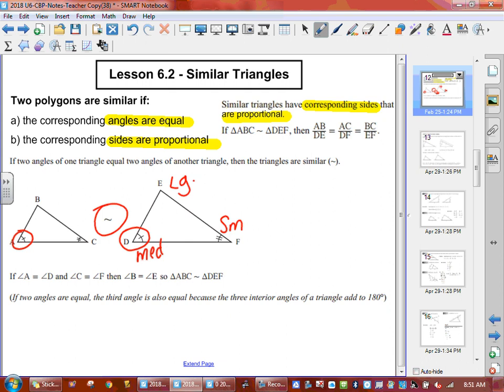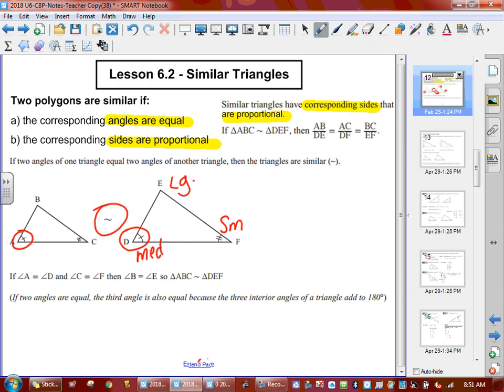The largest angle is across from the longest side, so the longest side is from D to F. The shortest side is across from the smallest angle, so D to E has to be the shortest side. And that's going to hold true for every triangle. That comes up a little later, and we'll notice that as well.